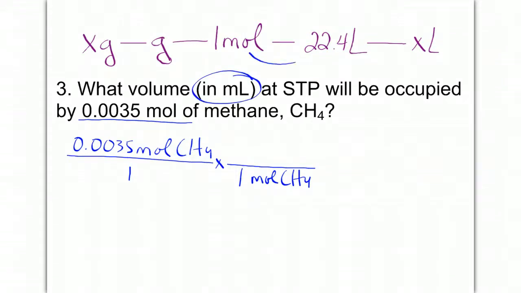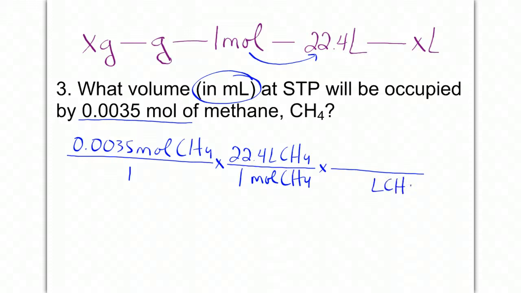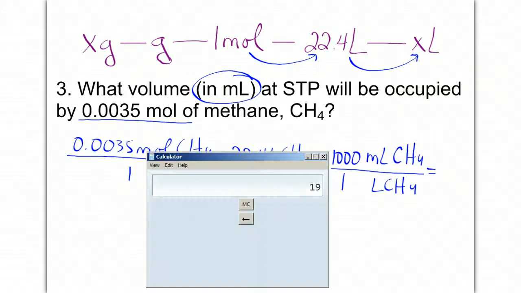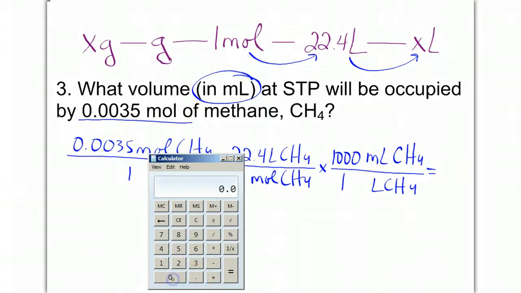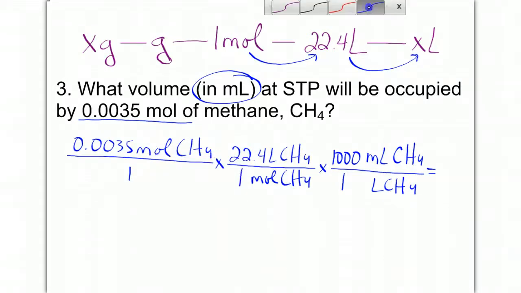So first I'm going to go from moles to liters. 1 mole equals 22.4 liters times, draw a line, bring down liters, and then I'm going to go from liters to my milliliters. 1 liter equals 1,000 milliliters. Get my answer. 0.0035 times 22.4 times 1,000. And that gets me 78.4, and that's milliliters of methane.